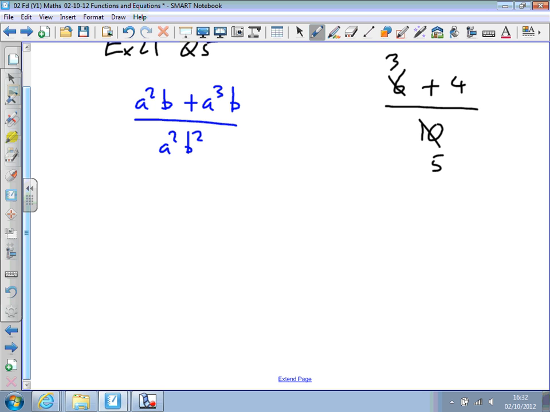I've changed it. It's not the same answer. So if there's two terms on the top, I can't just cancel one of the terms on the top with one of the terms on the bottom. That's not allowed. Okay? So I can't cancel, and this has been done many times algebraically incorrectly, I cannot cancel that a squared with that a squared for the same reason that I've just explained over there.